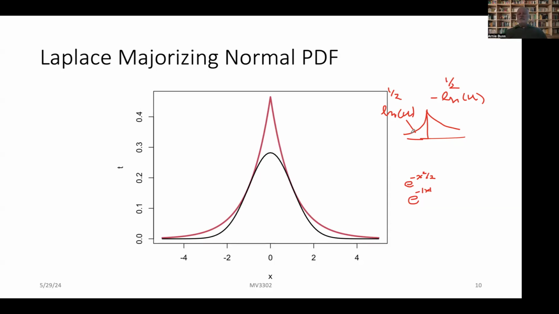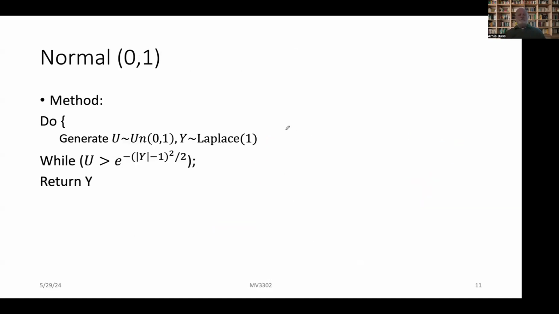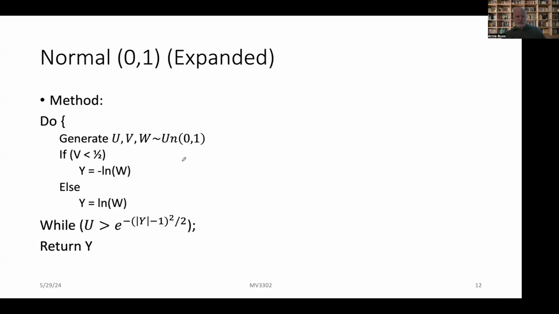So we can use that to generate our trial random variables. So kind of taking a first cut, basically it's the Laplace with a parameter of 1. We have a uniform Laplace 1, and then our ratio test is all this.